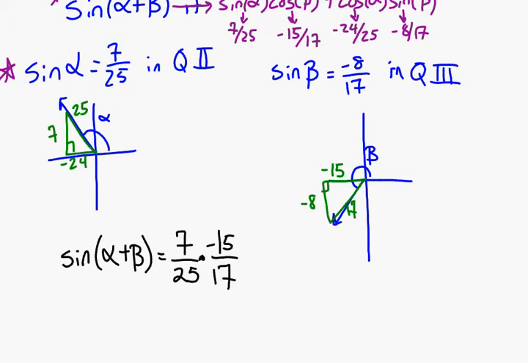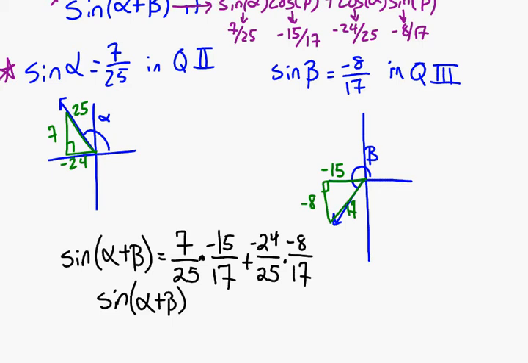Plus, then I have cosine alpha, which I found was -24/25, and sine beta, which I was given as -8/17. That's all fractions. That's just multiplying each side and then adding it together because it's already going to have a common denominator. So the sine of alpha plus beta, when I do all of that math, ends up being 87/425. That's my answer right there.